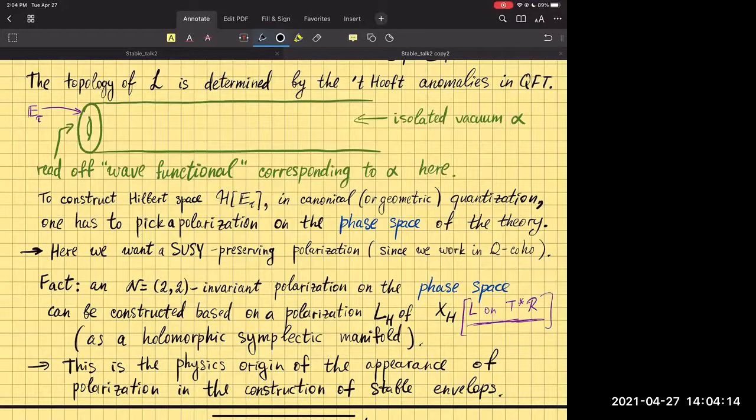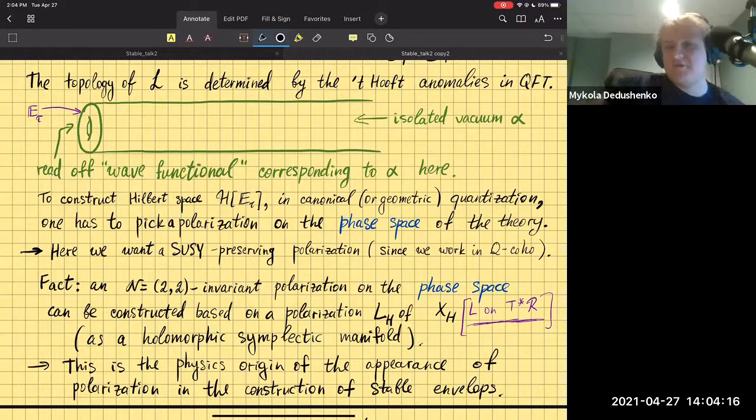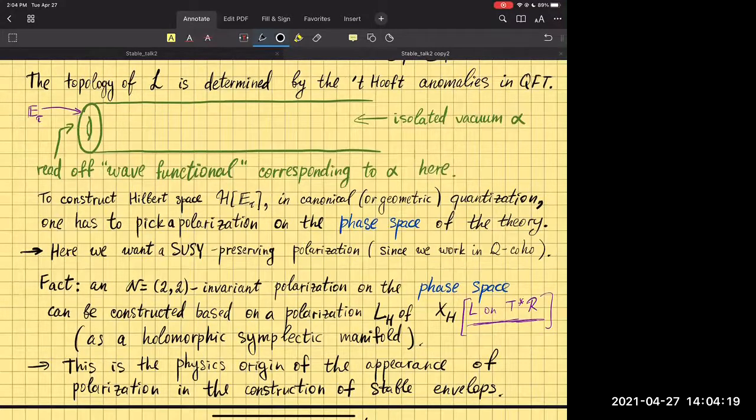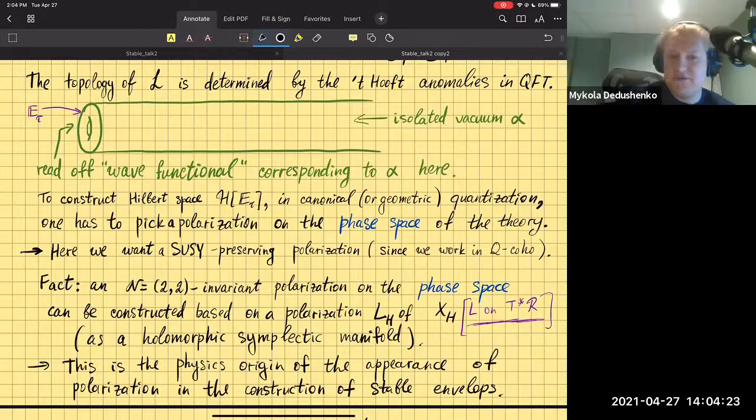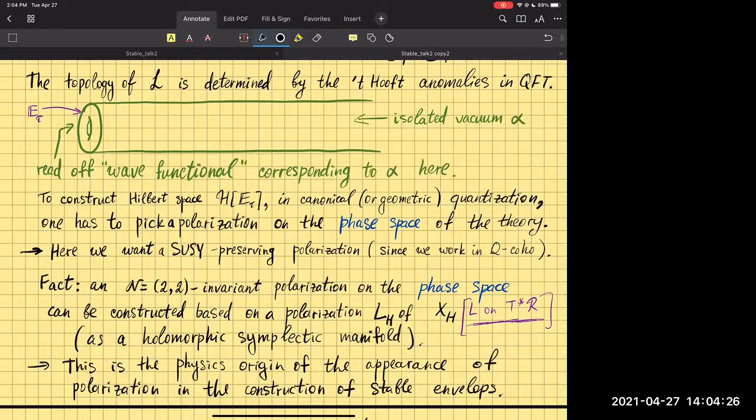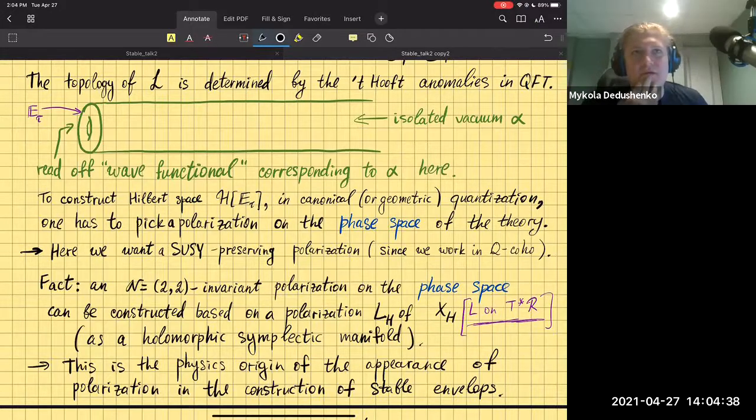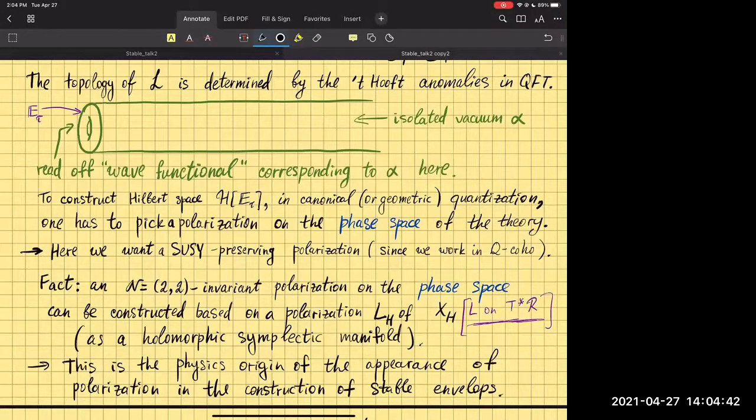Right. Yeah, so you're really quantizing the phase space of your theory, which has, say, in the simplest case, T* of the space of maps from E_T. Oh, so you're quantizing something like the maps to X, is that roughly? No, T* of maps to X. And even for that you need the polarization.